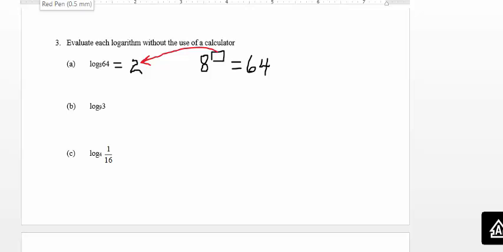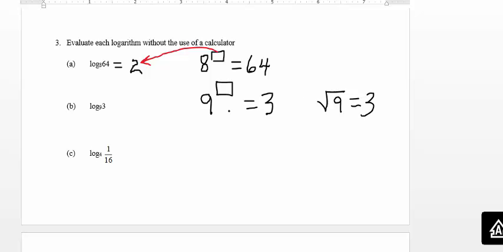Here in B, we're saying what power do you apply to 9 to get 3? And notice the square root of 9 is 3, and a square root is the same as a power of 1/2. So this logarithm is equal to 1/2.